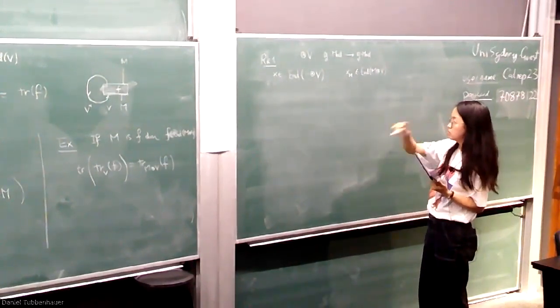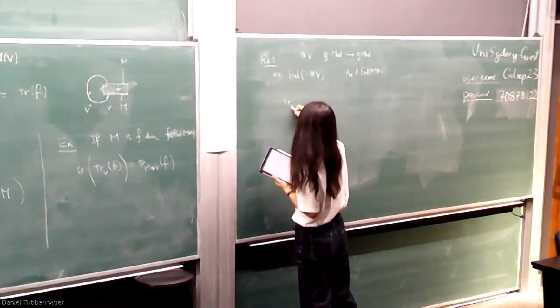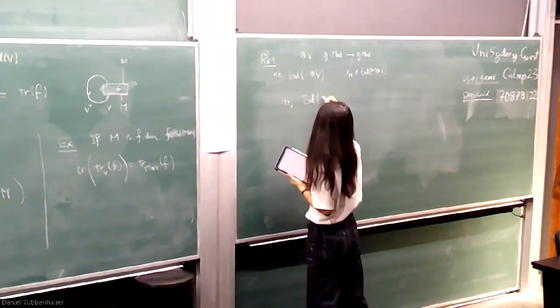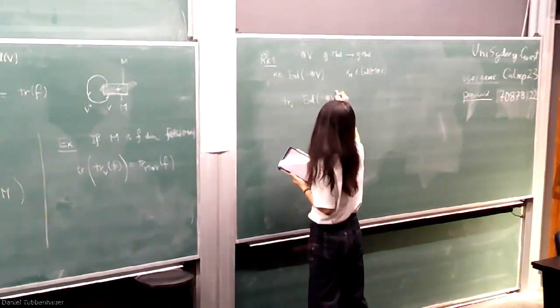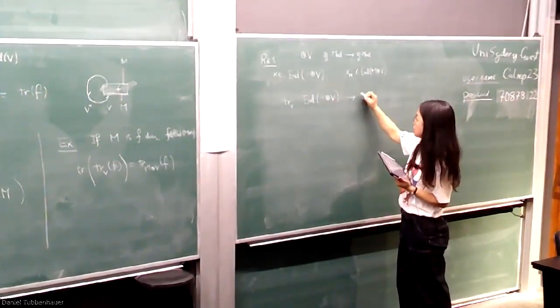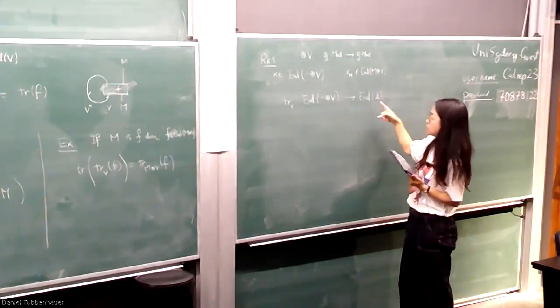And now what this relative trace gives you is just, if you take the relative trace of V, starting from the natural transformation of this functor, you get a natural transformation of the identity.